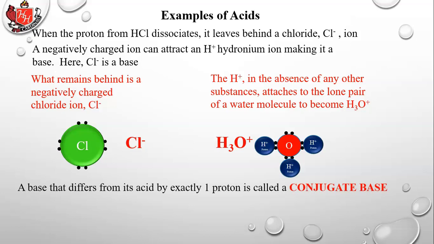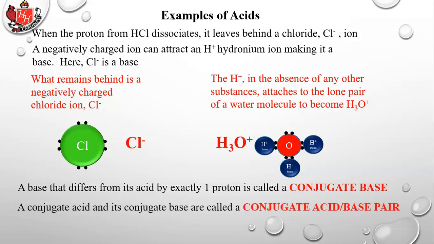The base that differs from its acid by exactly 1 proton is called a conjugate base. So hydrochloric acid, HCl, and the chloride ion Cl-, the only difference between them is that 1 proton that dissociated. That's called a conjugate acid-base pair. The HCl is the acid and the Cl- is the base. A conjugate acid and its conjugate base are called a conjugate acid-base pair.